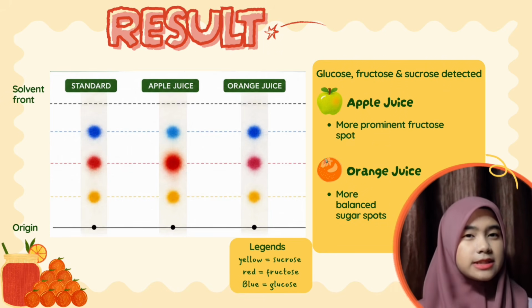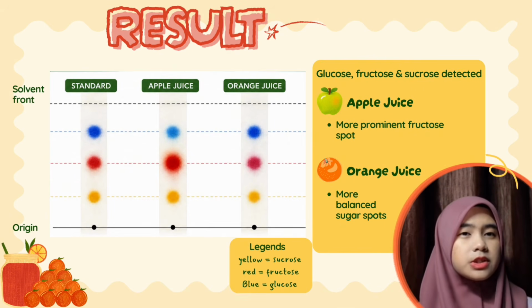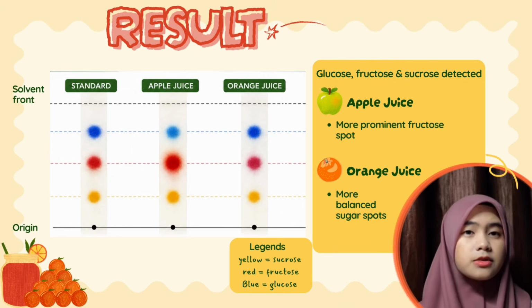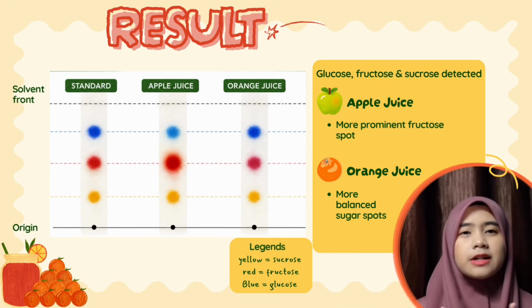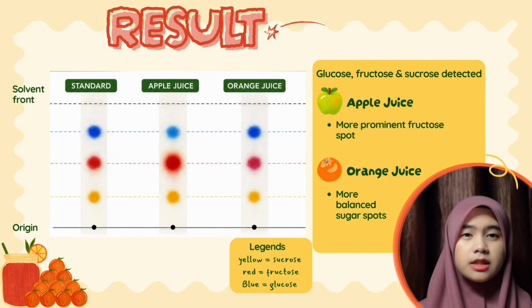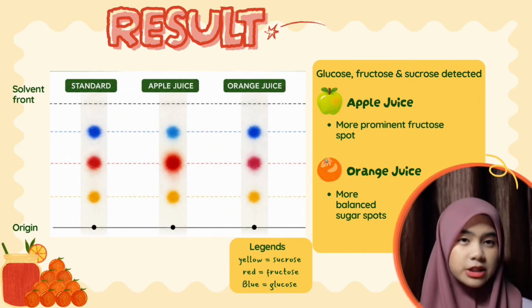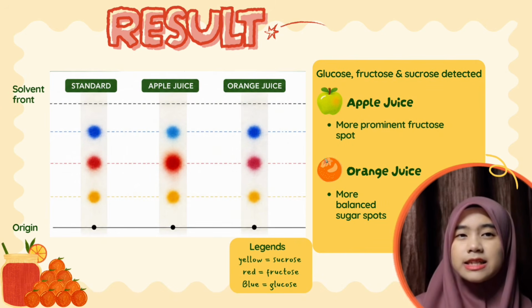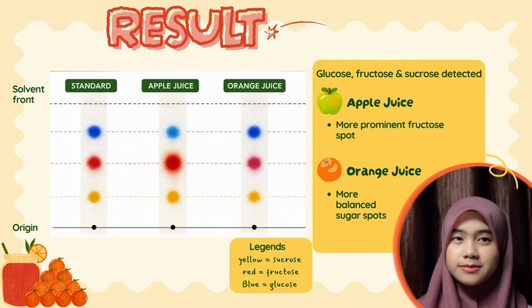Based on this illustrative example from published literature, both apple juice and orange juice contain glucose, fructose, and also sucrose. However, the fructose spot in apple juice is generally more prominent, meanwhile orange juice shows a more balanced distribution of all three sugars. This simple comparison allows us to understand that different fruit juices naturally contain different sugar compositions.